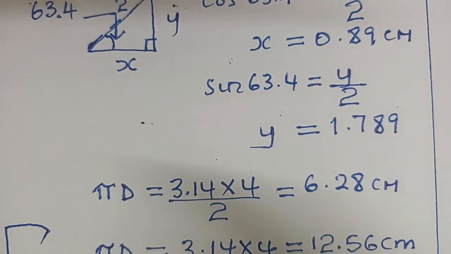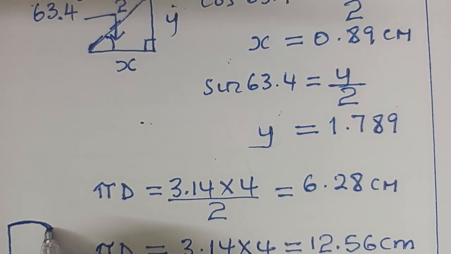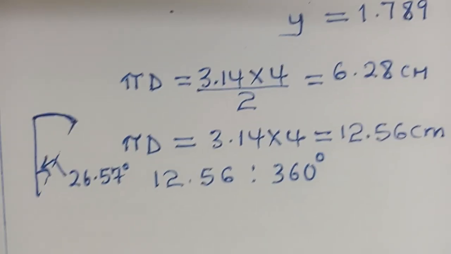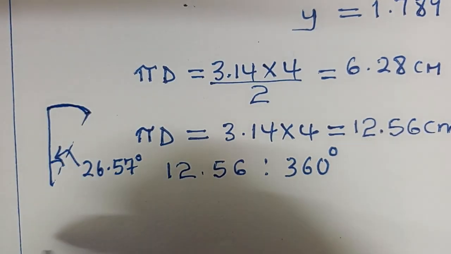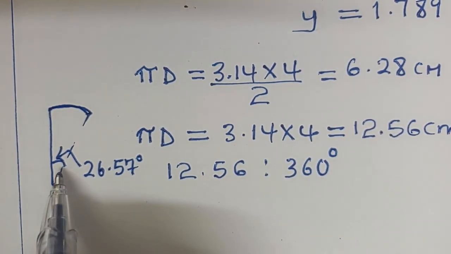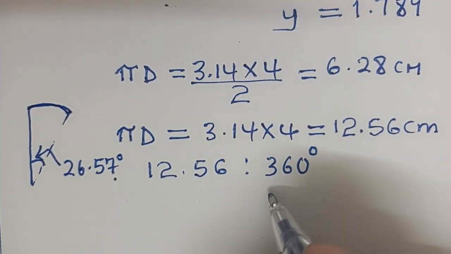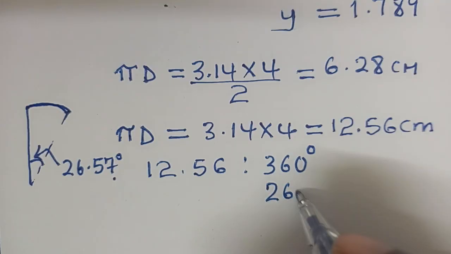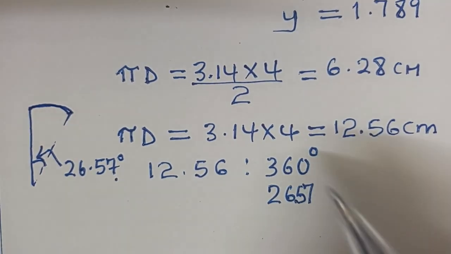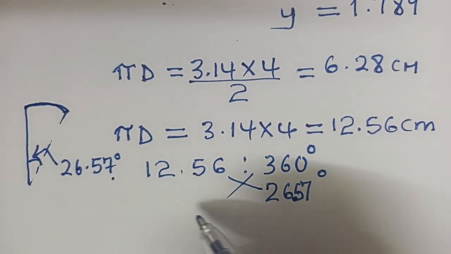And so guys, we can get for that, that is from this now distance we are looking for, the length. For 360 degrees, that is 12.56. What about 26.57 degrees? So guys, that's what we do. So we cross multiply.